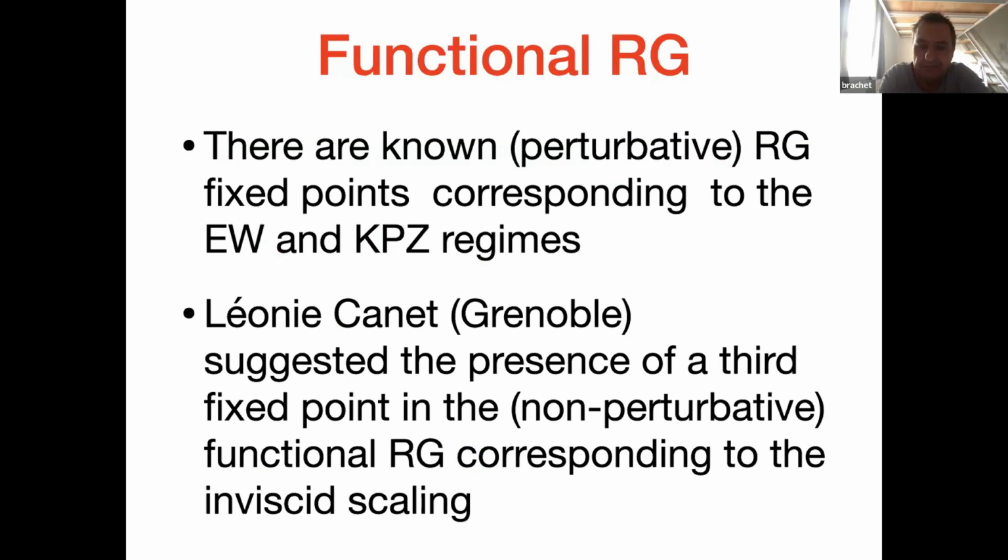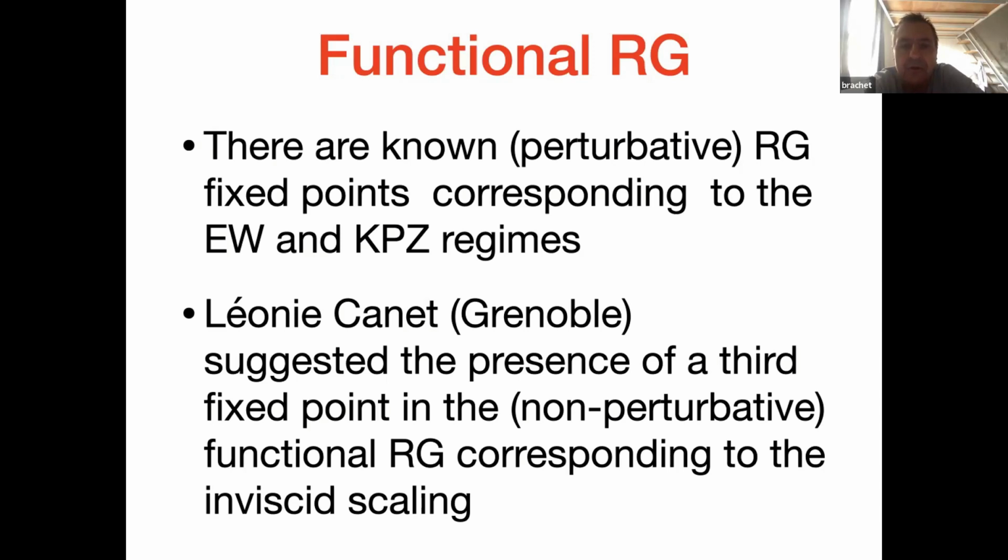So now I'm turning to the renormalization group. The perturbative renormalization group was started by Forster, Nelson, Stephen in their famous paper from the 70s, and was later reused by KPZ.